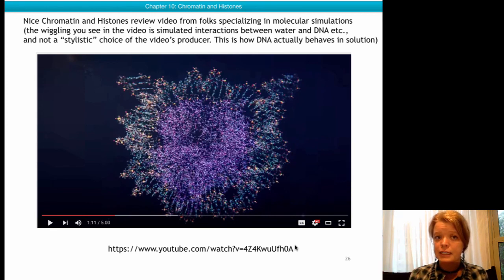It's meant for a lay audience, but what I really like about this video is that these are actual simulations that were run using big computer clusters to show how a DNA molecule behaves inside the nucleoplasm, which is water, how it interacts with all these water molecules that surround it, and how mobile all these histone tails and phosphodiester bonds of a DNA molecule actually are. So hopefully you guys will enjoy watching it.